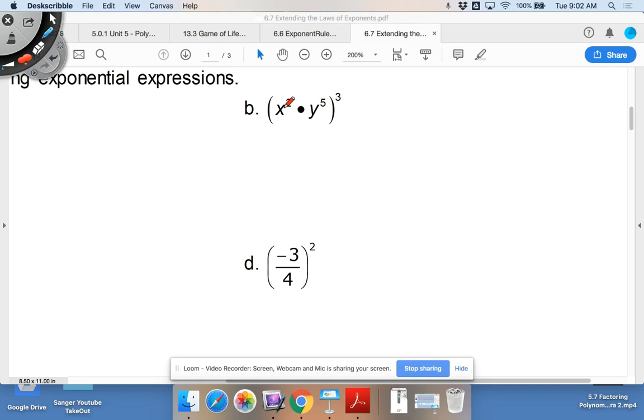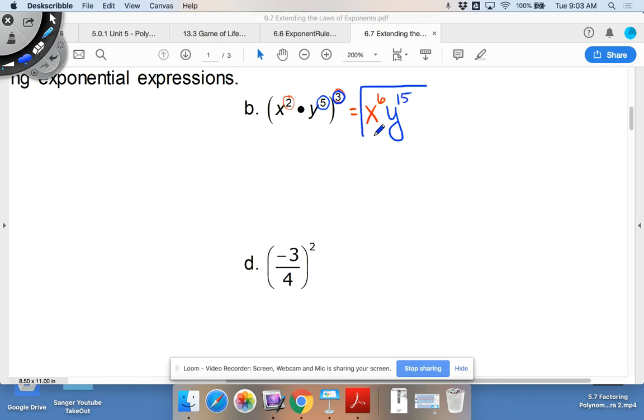So see how everything in the parentheses is raised to the power of 3. So we could rewrite this as X, and then we would have 2 times 3, so it would be X to the 6th. And then we would write times Y, or just the Y right next to it. And we would do 5 times 3, because that's the power rule, would be 15.